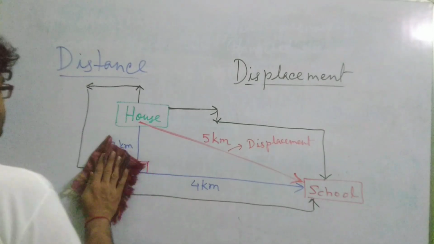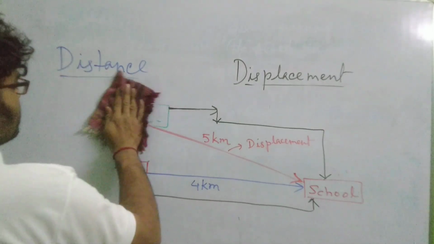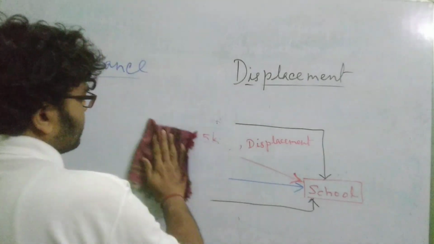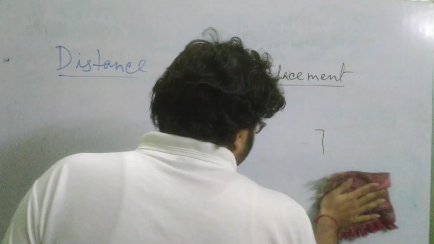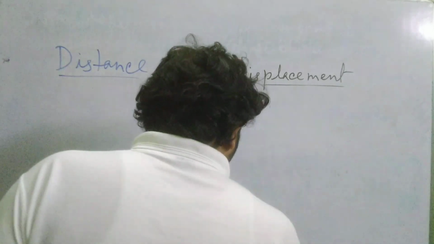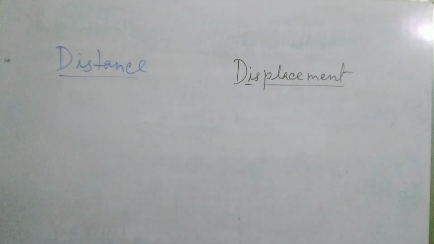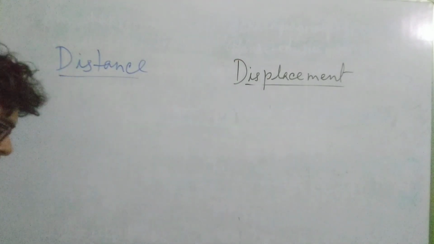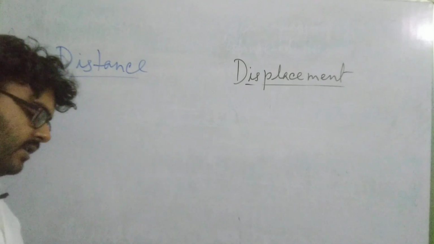Now if I come to the definition of distance and displacement, what will be the definition? When we are talking of distance, it is the path traveled by you while moving from your house to the school.